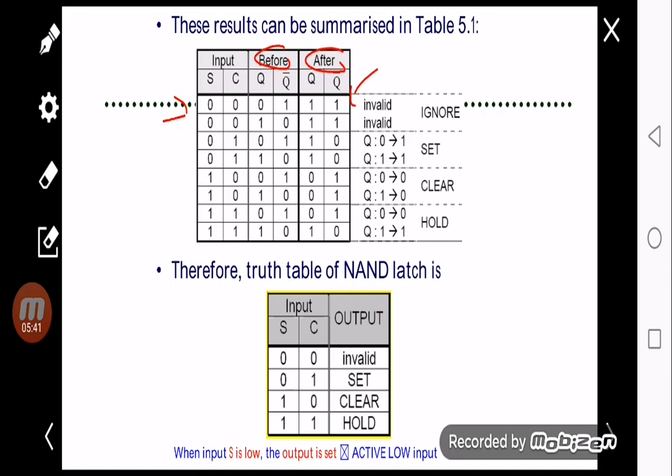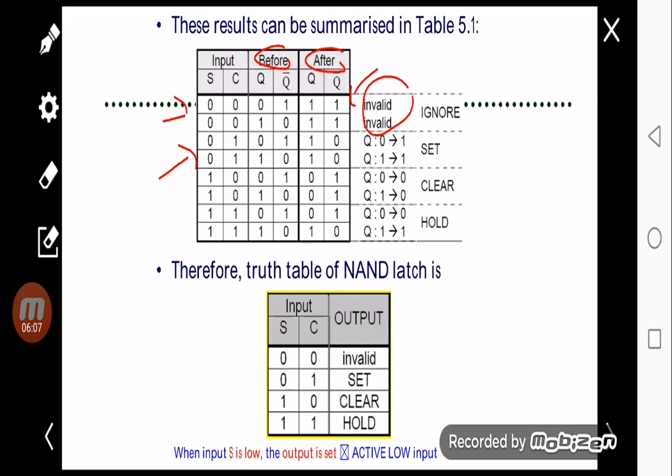But in this case, when we give the input SC as 0, 0, the output becomes 1, 1. We call this invalid, because both outputs are 1. When we give the input SC 0, 1, we get 1, 0 as the output.